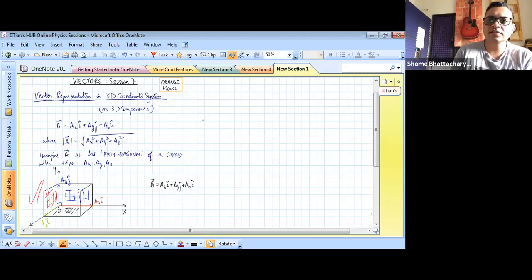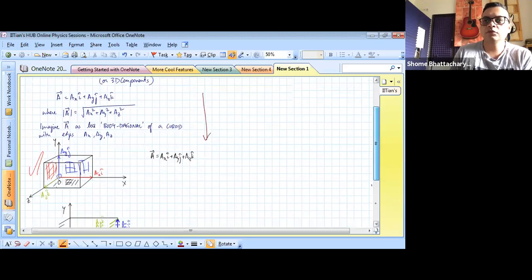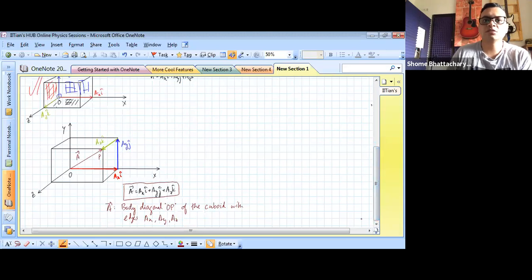Right, so this is all information from the last lecture. You have all this. We have discussed. Now we are looking at the interpretation of this, how to draw this as the body diagonal.